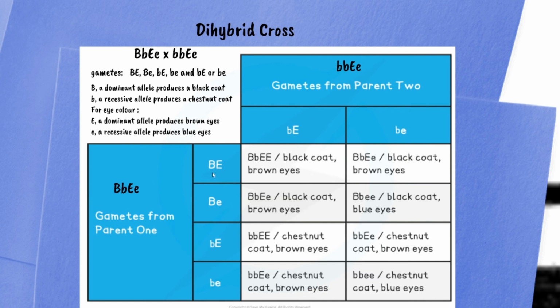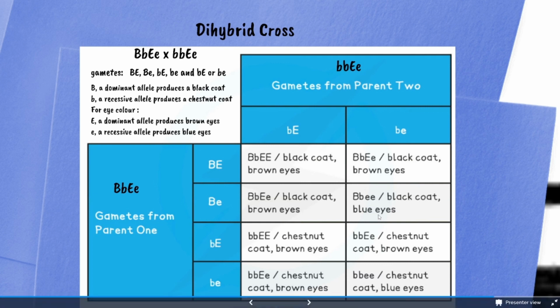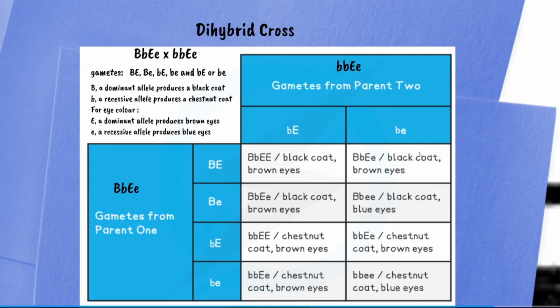Here, capital B, small b, capital E, small e. So the dominant one is going to be expressed. Now, what's dominant here? It's a black coat with brown eyes. Dominant one's expressed. Just like that, we're going to continue with all of these. And here we're going to get blue eyes, two times, because the small e is going to combine with the small e here.